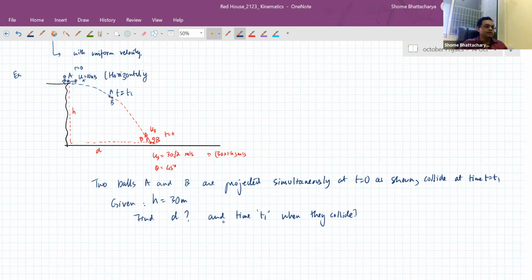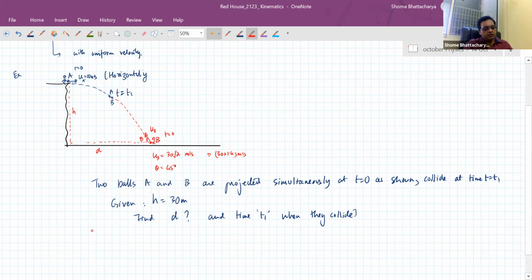But what I would advise you is to try this question with the relative motion concept, like we did the question in the last lecture. The only difference was that there one of the objects was in free fall, and the other object was thrown towards it. Here, instead of the first object being in free fall, A is also thrown, but is thrown horizontally, and B is thrown obliquely.